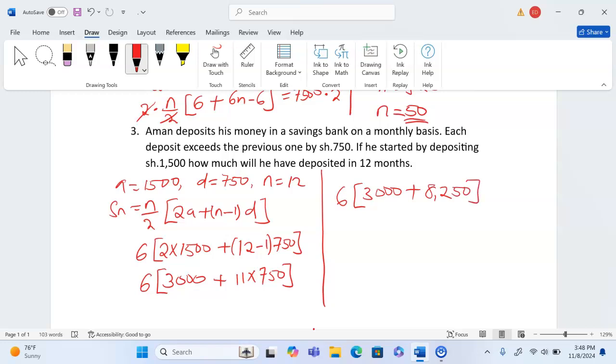The sum of the two figures in brackets will give us 11,250. And if you take 6, you multiply by 11,250, you get exactly an amount equal to Kenya shillings 67,500.